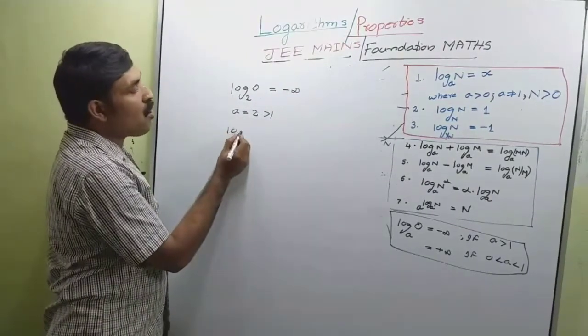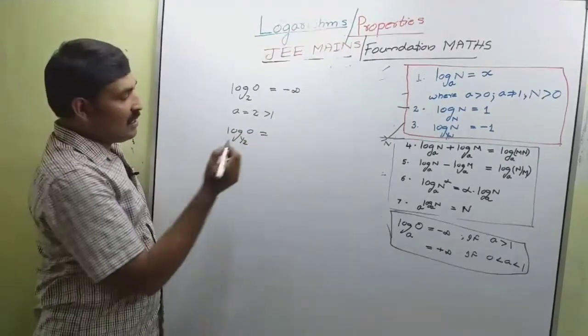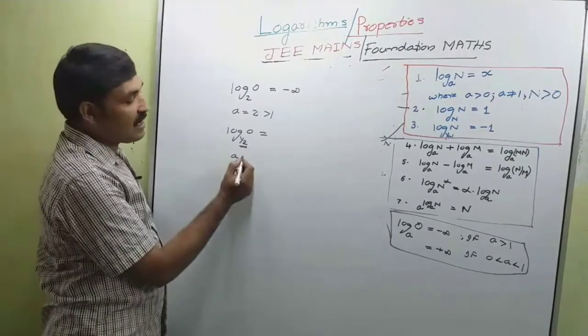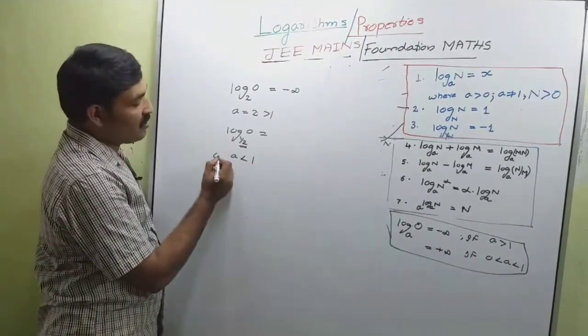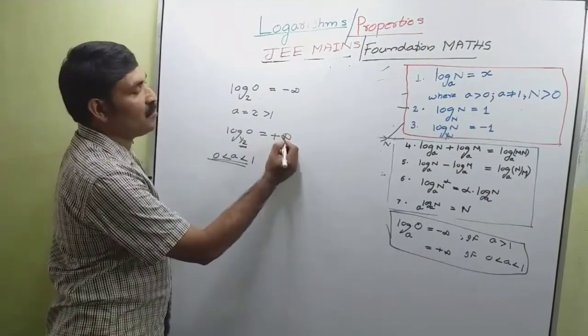Log 0 to the base 1 by 2 is equal to, here the base a is lying between 0 and 1, that is 0 less than a less than 1. So the value of this is equal to plus infinity.